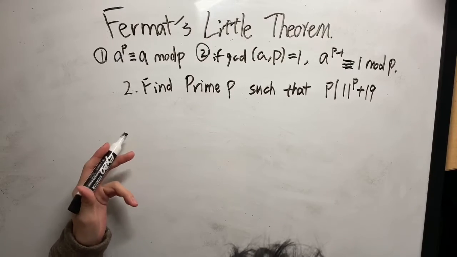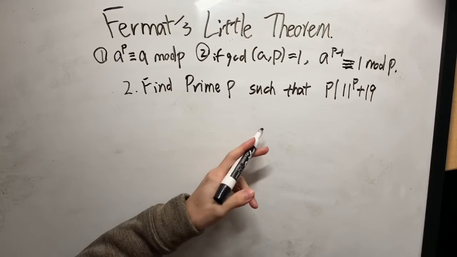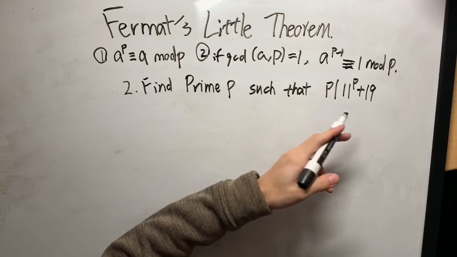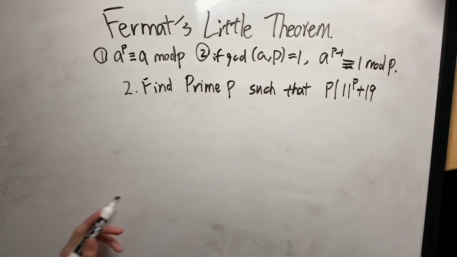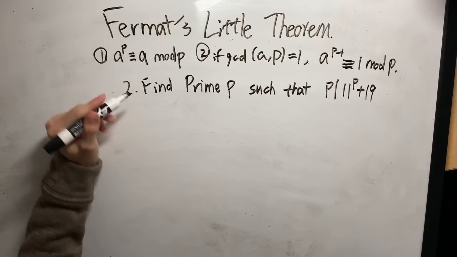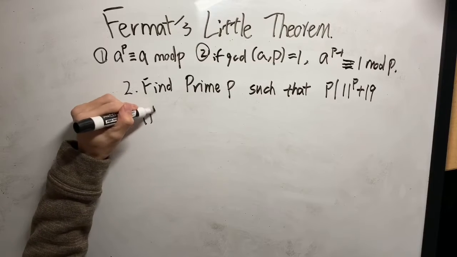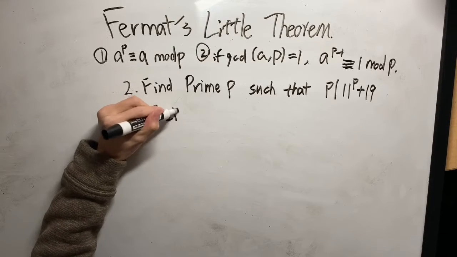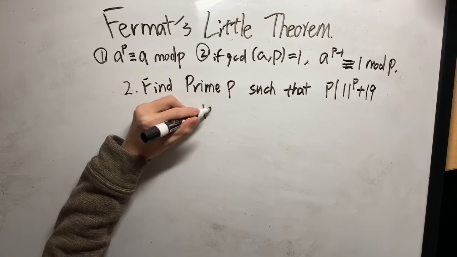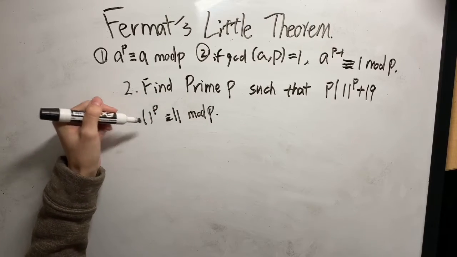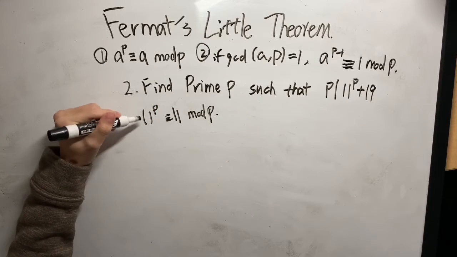The next question is to find prime P such that P divides 11 to the power of P plus 19. So from Fermat's little theorem, you have 11 to the power of P is congruent to 11 mod P. Thus, we add 19 on both sides.